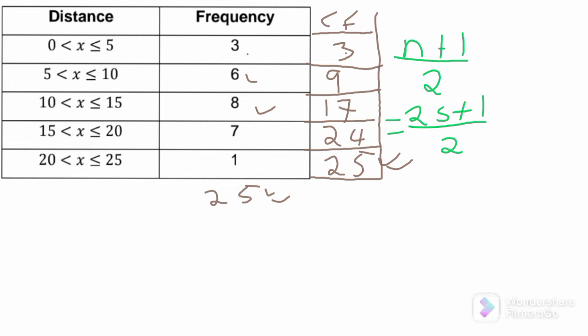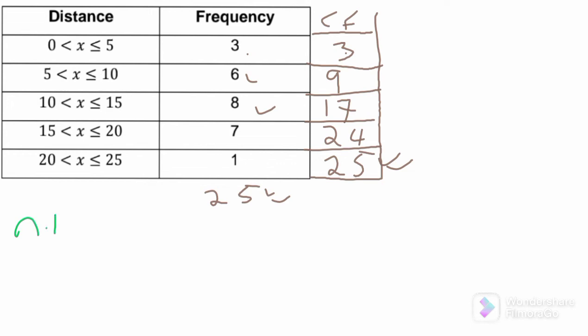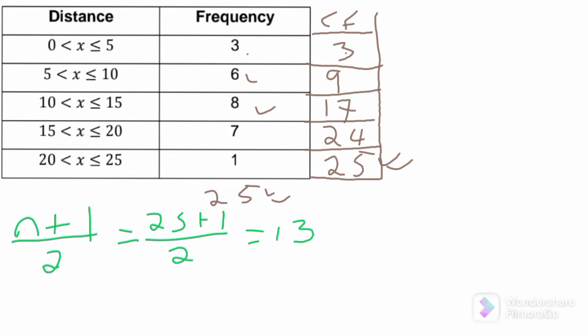Let me write this whole information somewhere else. We have n plus 1 over 2, which is basically 25 plus 1 over 2, and the answer that we got was 13. This 13 here is the position.